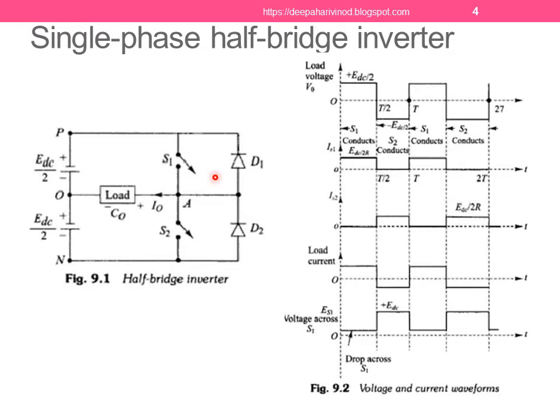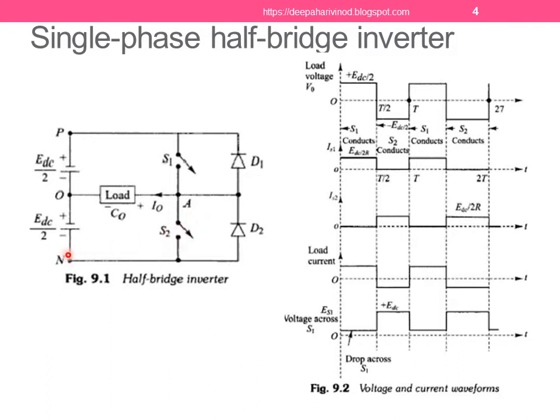For the next half period, from T by 2 to T, the gating signal is given to S2. For the first half the gating signal is given to S1, and for this half it is given to S2.